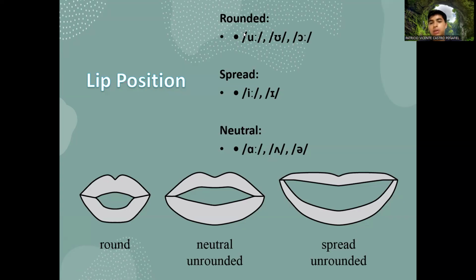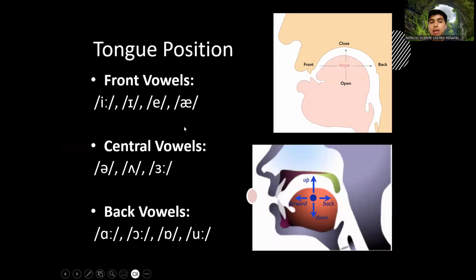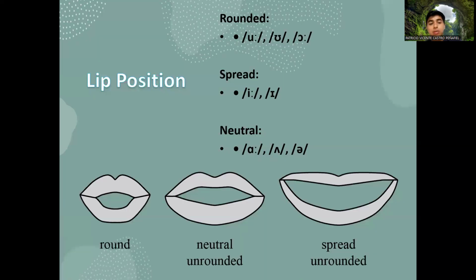Don't forget that lip position is not the same as tongue position. One is about the tongue and the other one is about the lips. That's why one is called tongue position and the other one is called lip position.